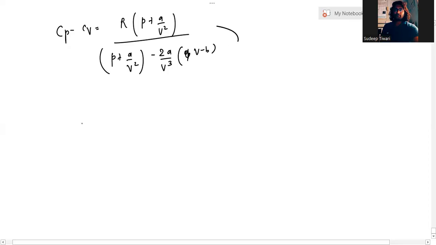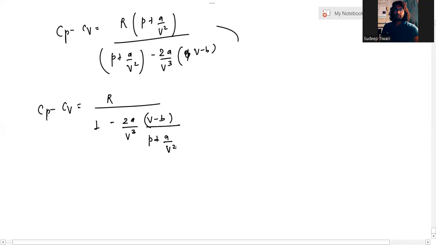What I can do, I can divide it here. So it will be like Cp minus Cv is equal to R divided by 1 minus 2A by V cube (V minus B) divided by (P plus A by V square).